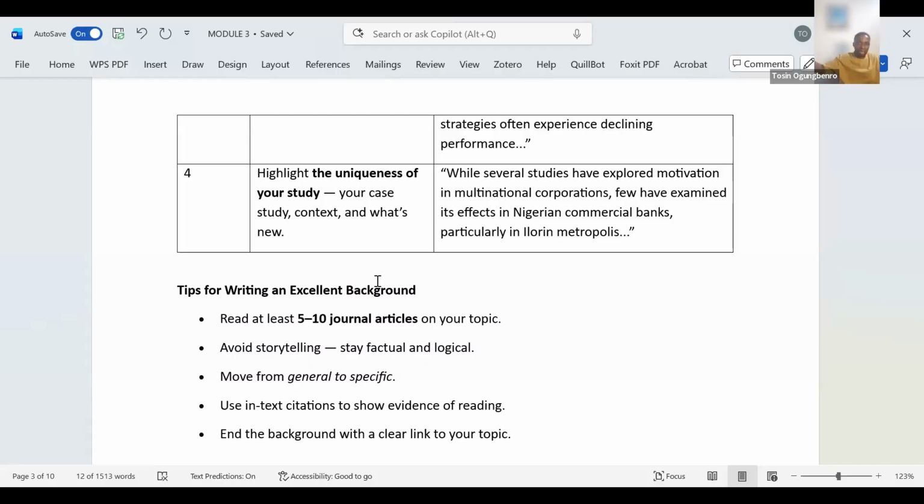I'll sit down, I'll be reading one by one, highlighting, making notes. Those years it was very, very tedious. I'll be writing down some critical points. This is one of the notes I currently use.